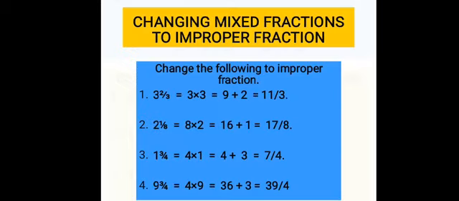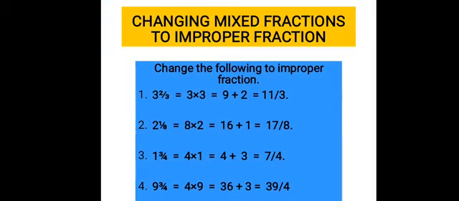So let's look into changing mixed fraction to improper fraction. If you're given 3 whole number 2/3 and you are asked to change it to improper fraction, what are you going to do? You are going to multiply the whole number by the denominator, whichever way you choose, it still gives you the same answer.